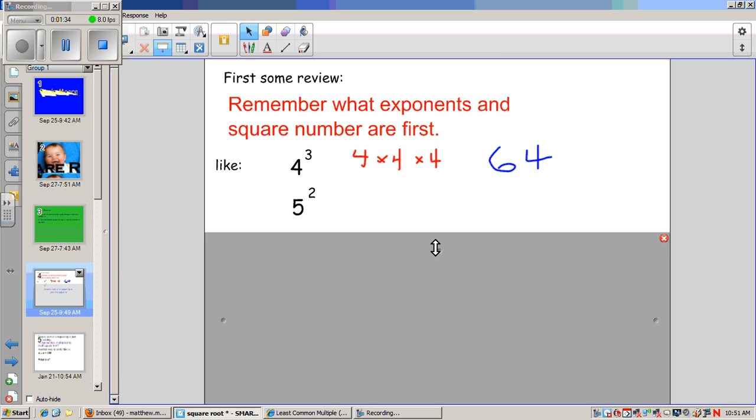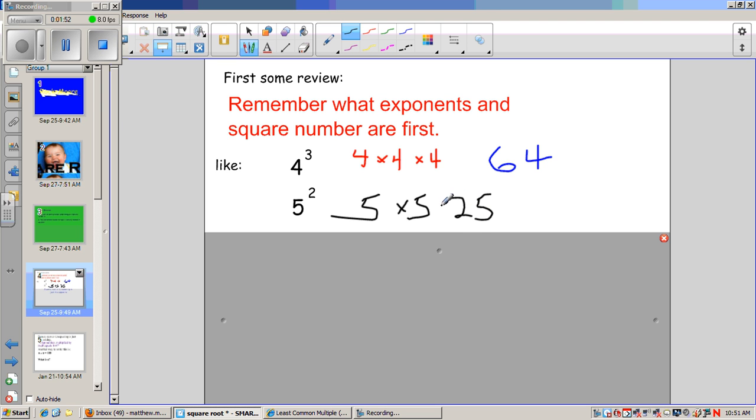The other one that is common, the common exponent, is 5 squared. Well, what does 5 squared mean? Well, that just means 2 5s, right? 5 times 5, okay? And 5 times 5 equals 25. Well, why do we call it squared?